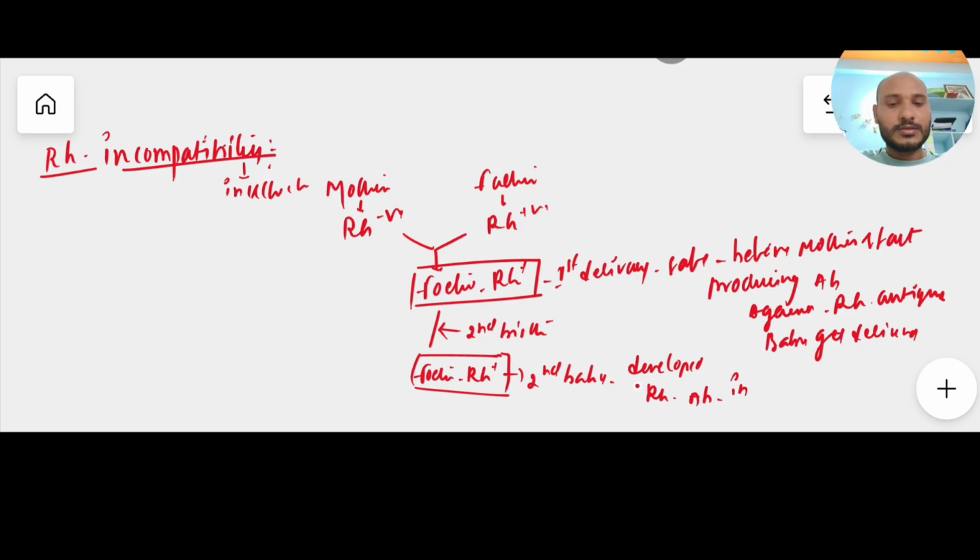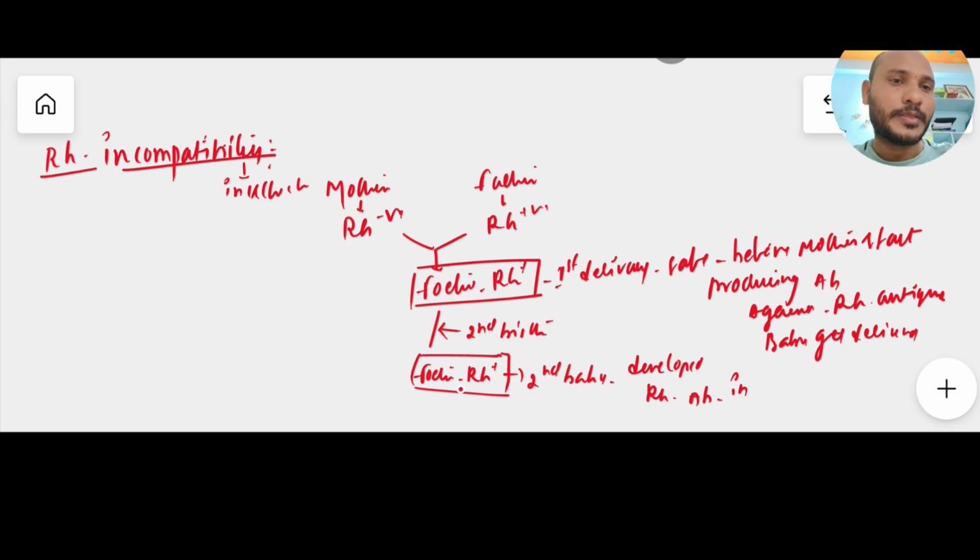So already, if the fetus has Rh antigen at the second birth, the mother already developed Rh antibody during the first pregnancy.